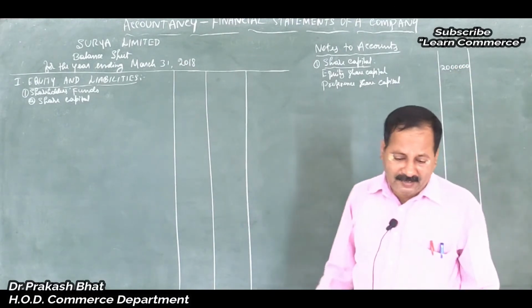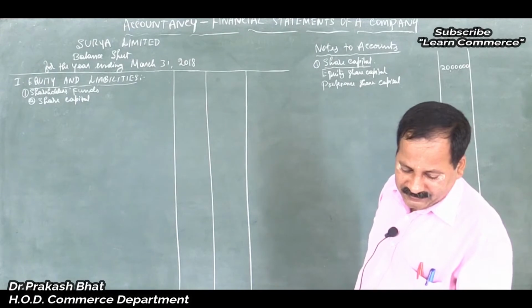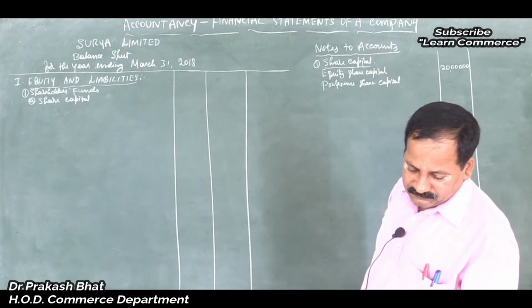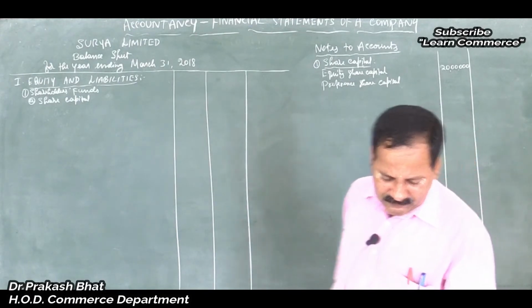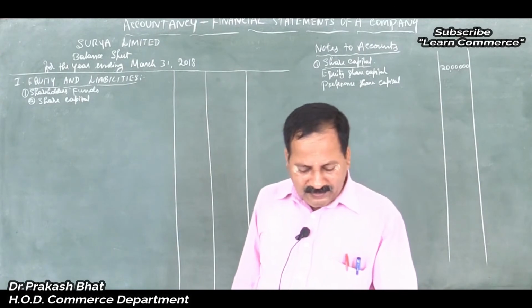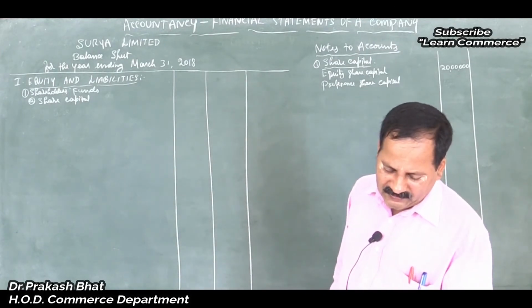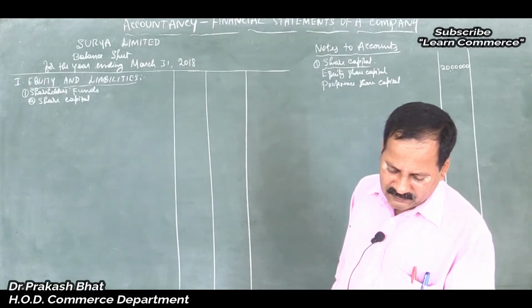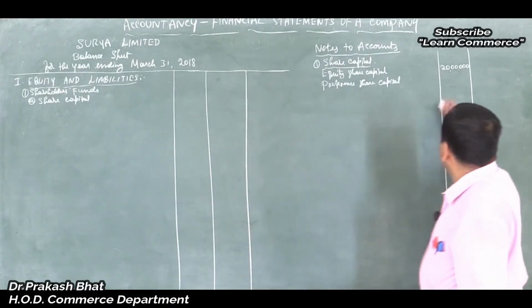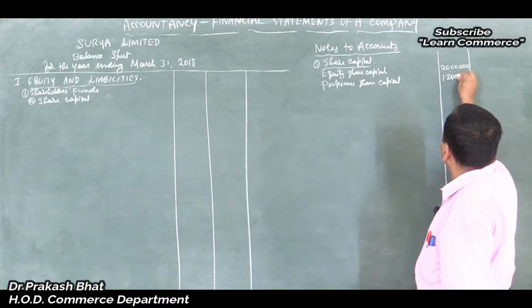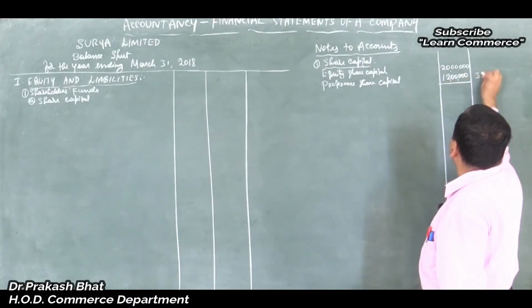And preference share capital, how much is it? Yes, 12 lakh. So, 32 lakh.